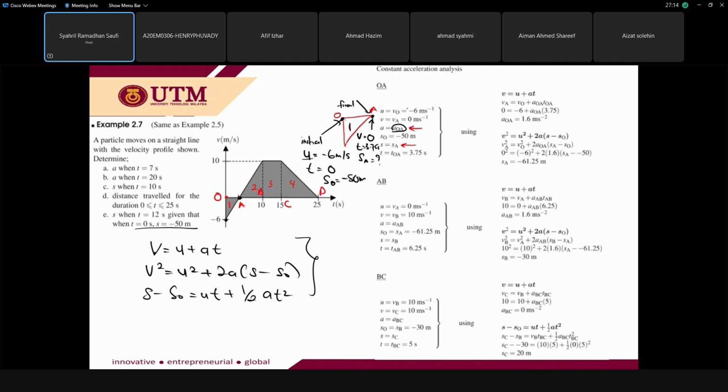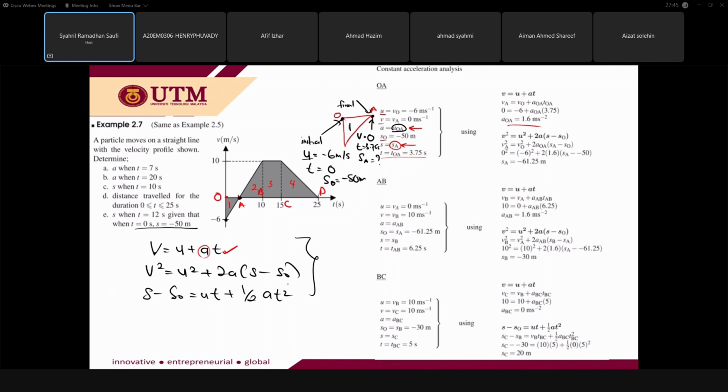Okay, so from the known parameters, which are initial velocity, final velocity, initial displacement, and also the time difference, you can use this equation to get acceleration first. So then you get 1.6 meter per second squared. Then your second objective is to determine the final SA.